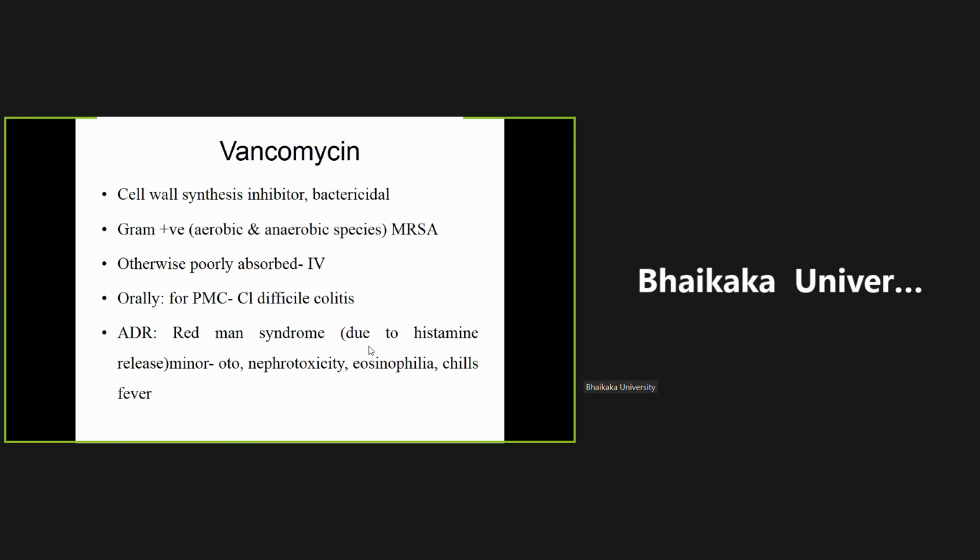See in the adverse drug reaction, this is a drug which liberates histamine. That's why it is given very slowly. And because it liberates histamine, it causes RMS, red man syndrome.